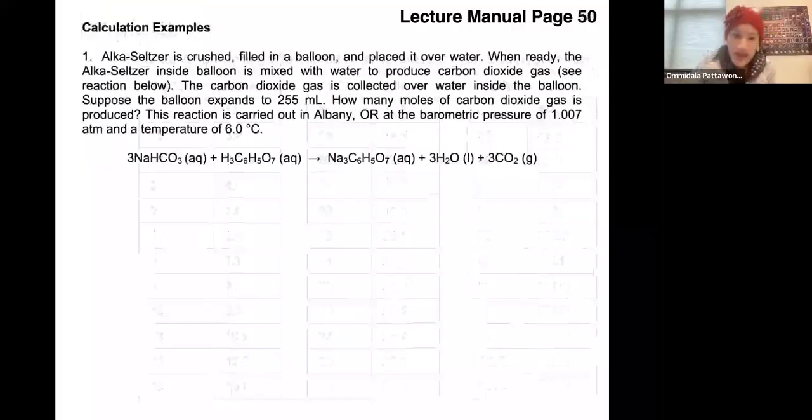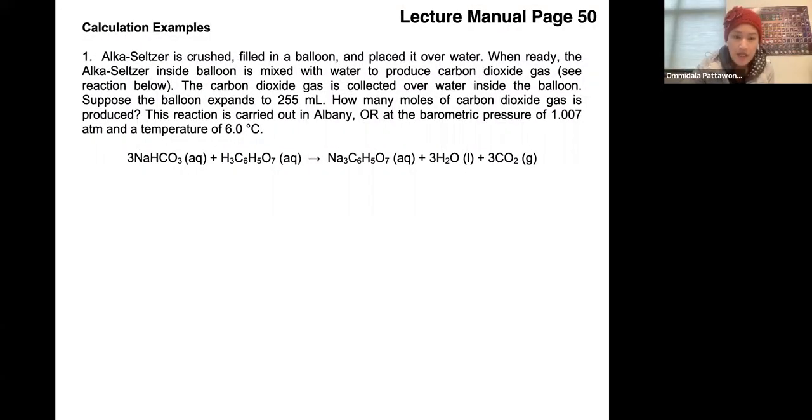Now let's take a look at calculation example 1. Okay, so pretty much this reaction is the reaction of the Alka-Seltzer again that we saw earlier. It's the reaction between sodium bicarbonate and citric acid that eventually generates carbon dioxide. So what we are going to focus our attention on is CO2. Because it's a gas, we deal with gas right now.